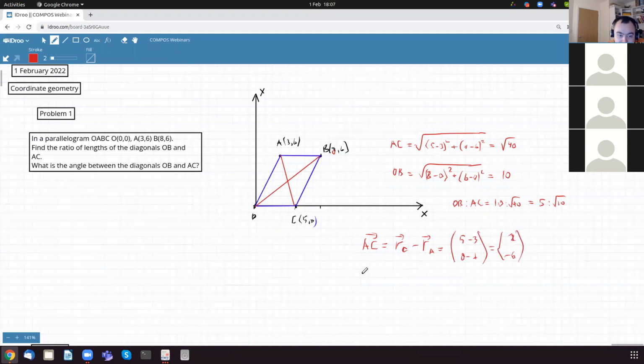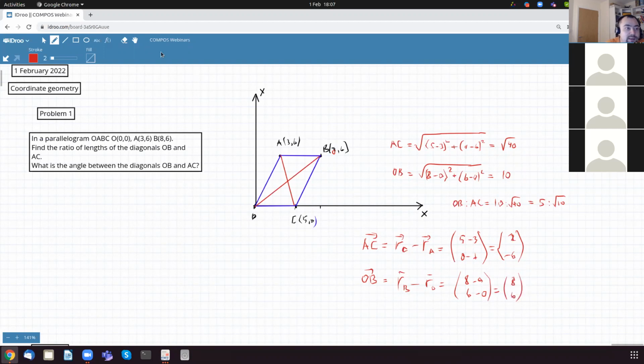Vector OB is the radius vector of B minus the radius vector of O. And that is 8 minus 0, 6 minus 0, so it's (8, 6).